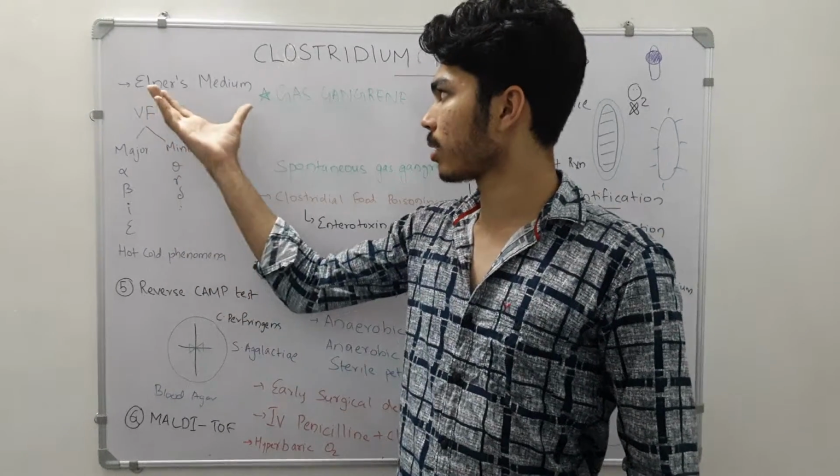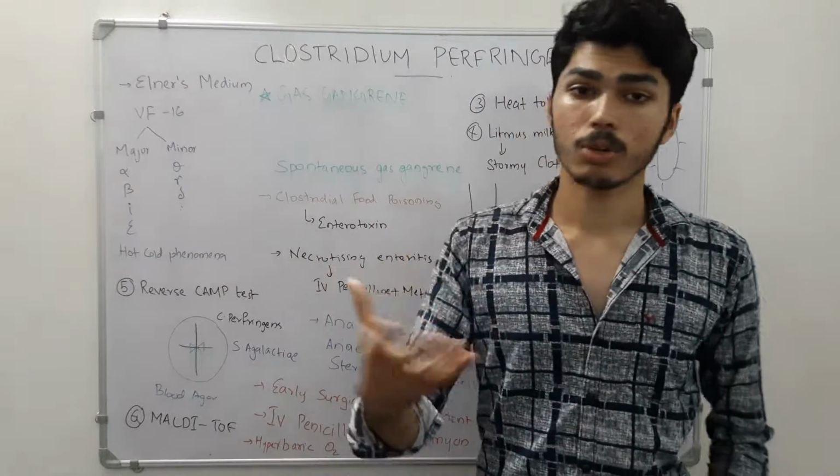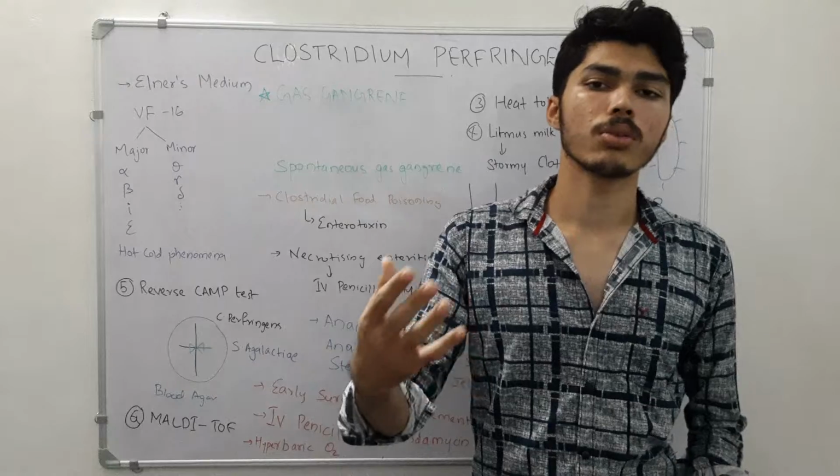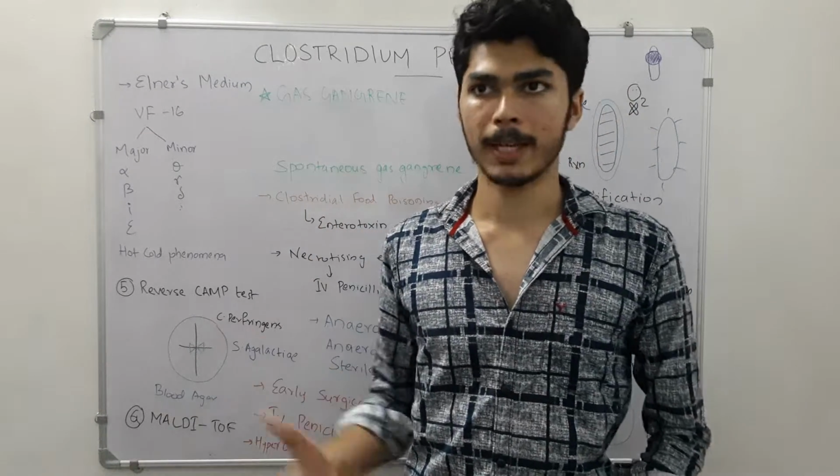They can be cultured in Elek's medium. Anaerobic media are required, and you can also culture in Robertson cooked meat media.